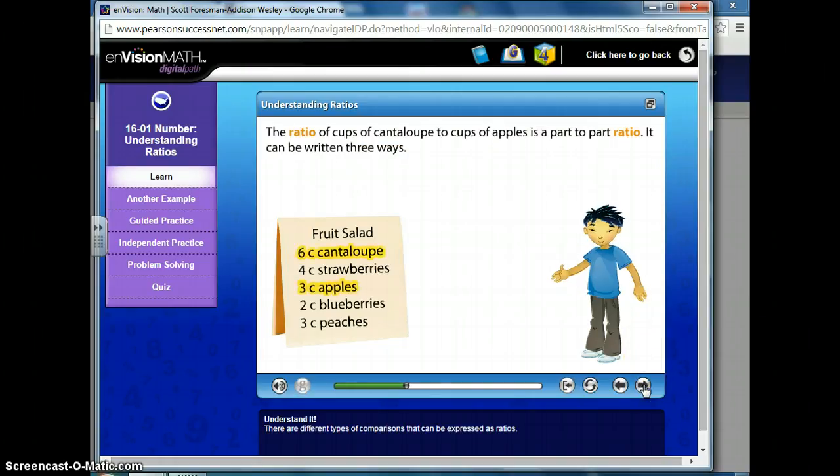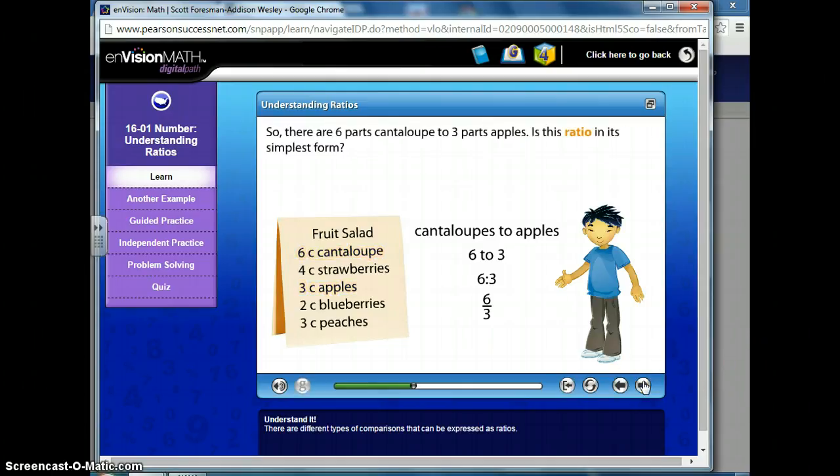The ratio of cups of cantaloupe to cups of apples is a part-to-part ratio. It can be written 3 ways. It's a part-to-part ratio because we're comparing one part to another part. And this is how they wrote it: 6 to 3, 6 colon 3, or 6 over 3. But you say 6 to 3 for all of them. 6 parts cantaloupe to 3 parts apples.